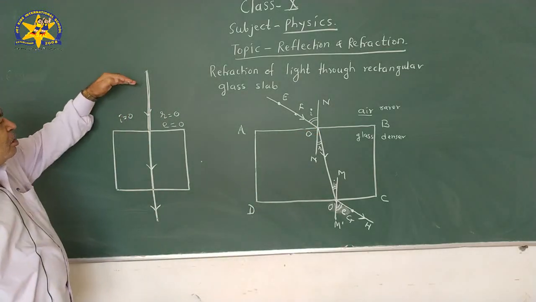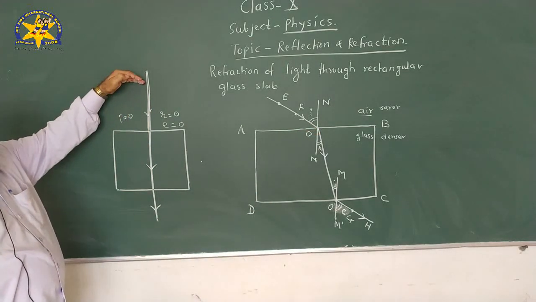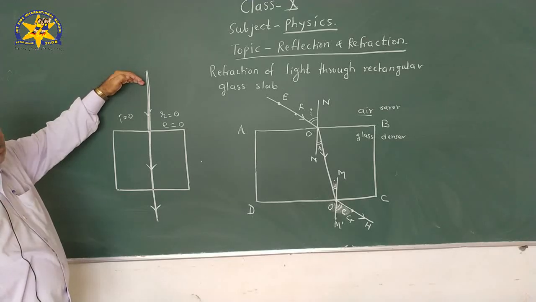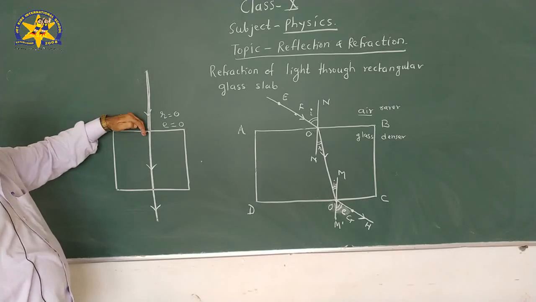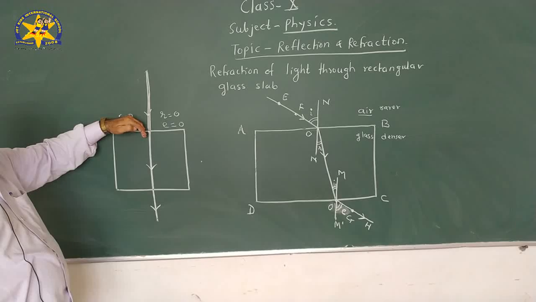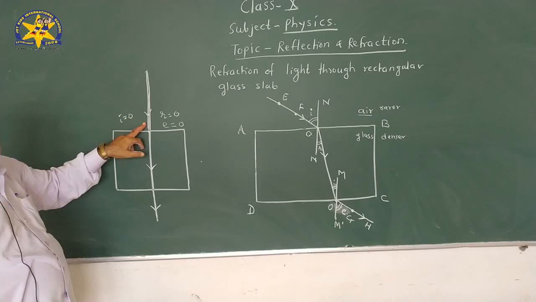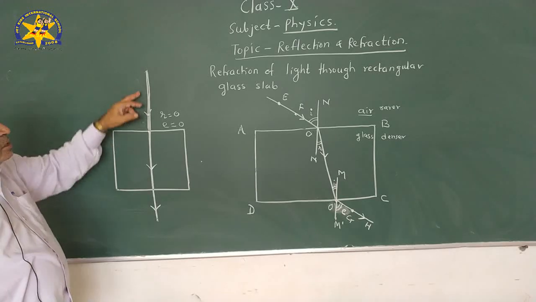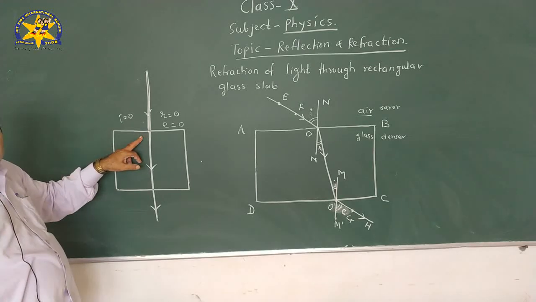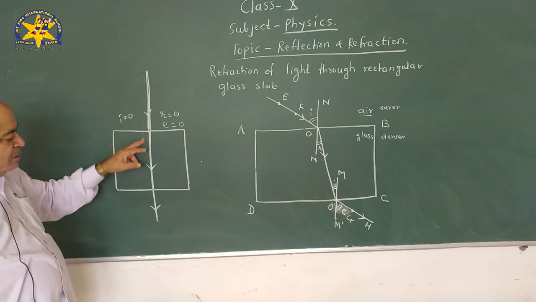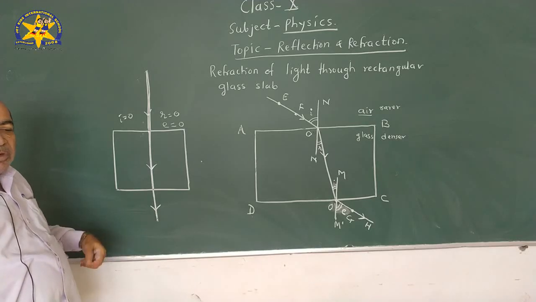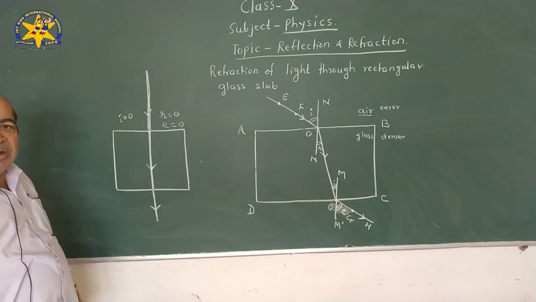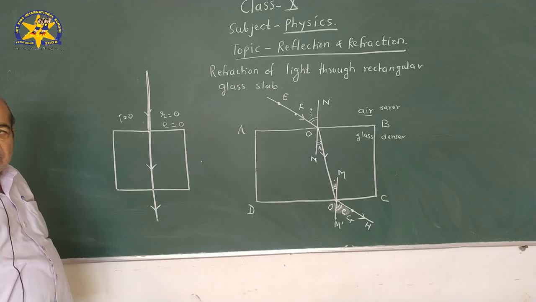Normal incidence means when the ray of light is normally incident on the rectangular glass slab. When light is normally incident on the rectangular glass slab, it emerges without any bending or deviation.